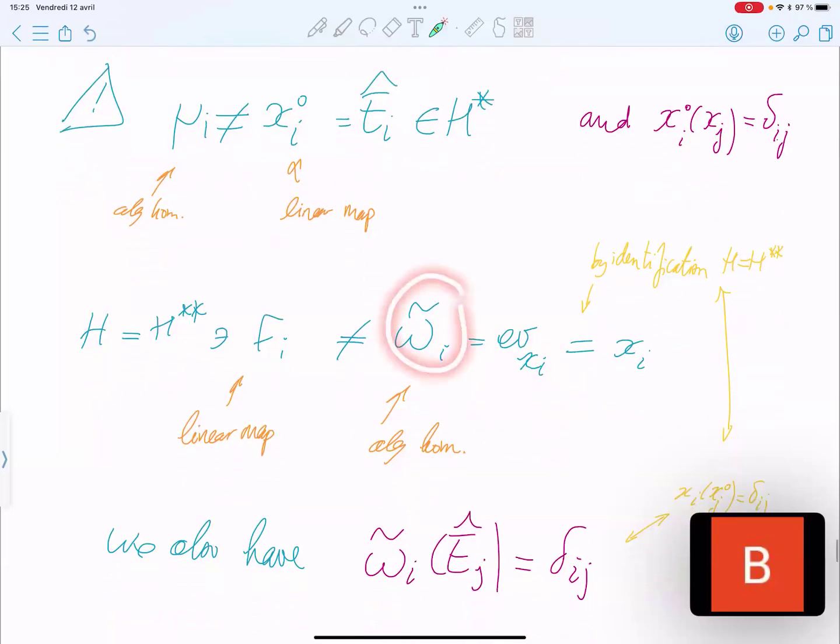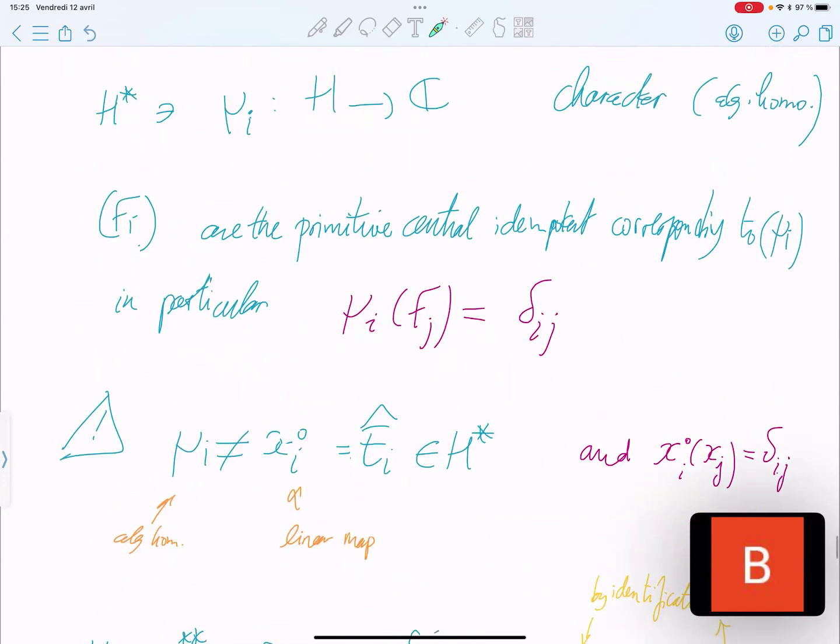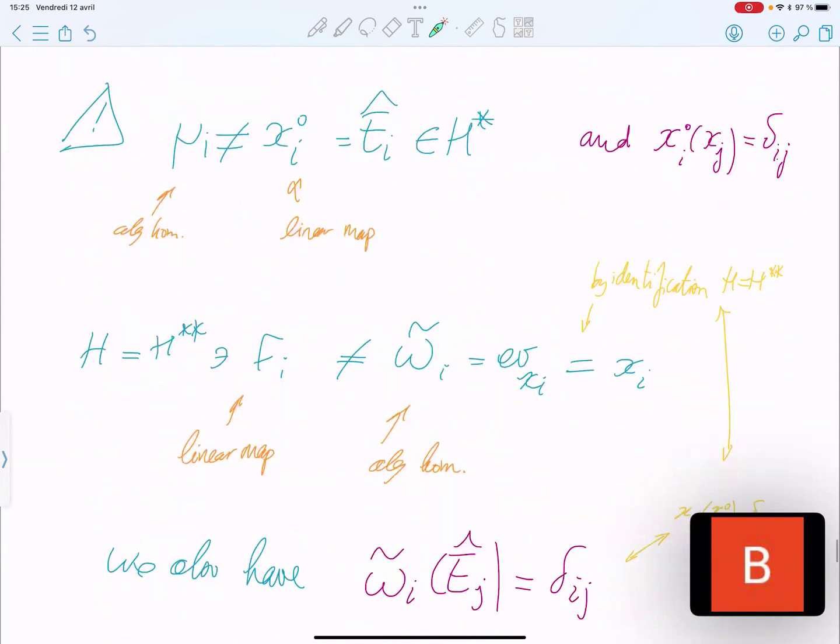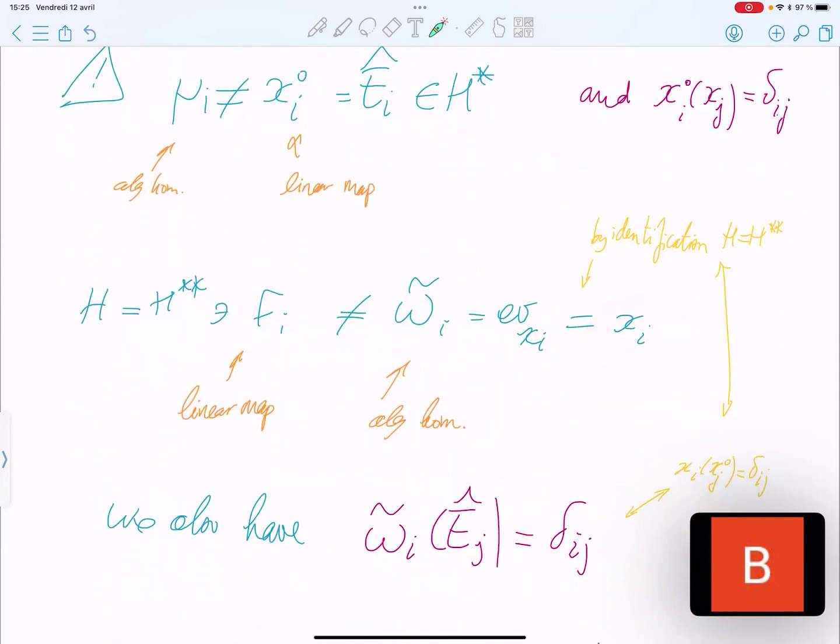It's denoted like that. And this is an algebra morphism, and this is not this one, which is just a linear map. Okay. And in fact, under this identification, xi is an algebra morphism in X star, given by the evaluation at xi.